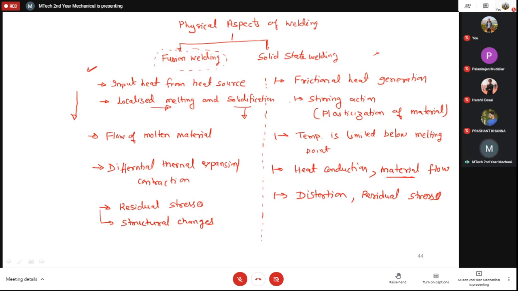So for the fusion welding processes, we have to use a different mechanism, and if we want to model the solid state welding, then the process and the base equations which we will be using are totally different.